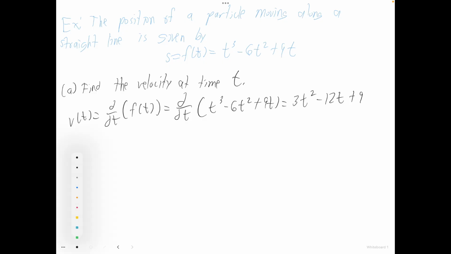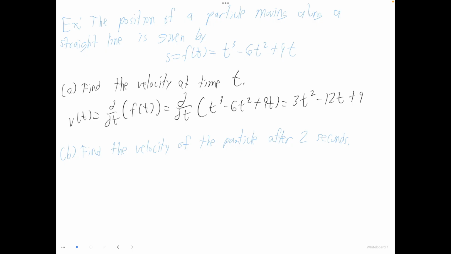And to make that a bit more concrete, if we wanted to find the velocity of the particle after 2 seconds, this is just asking us to find v of 2.